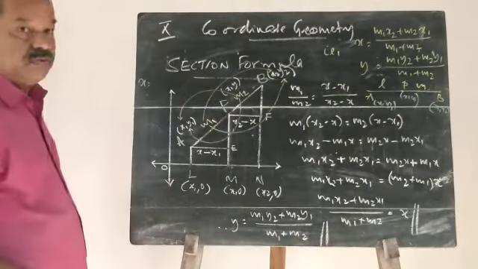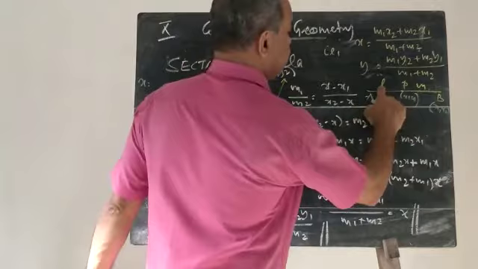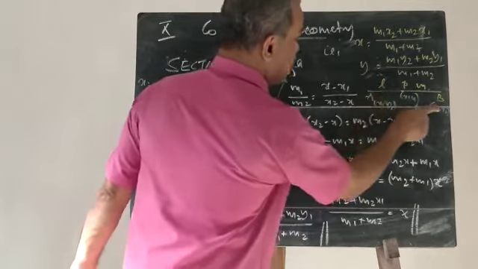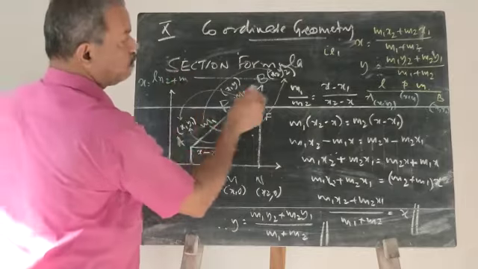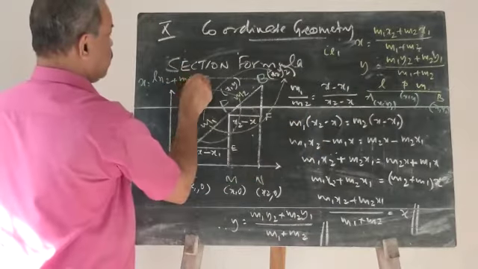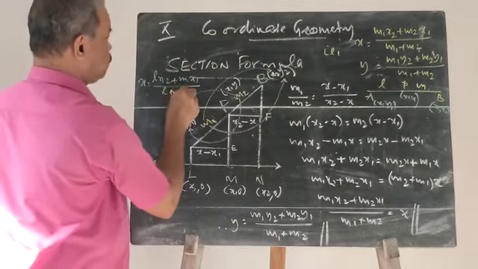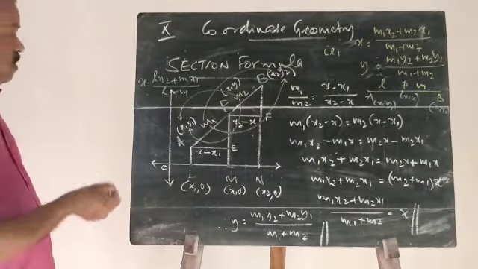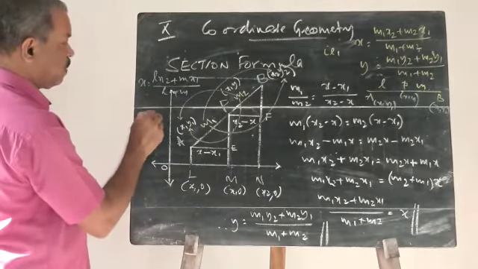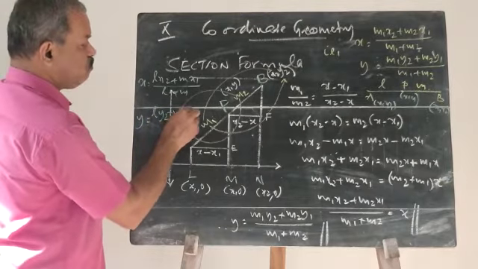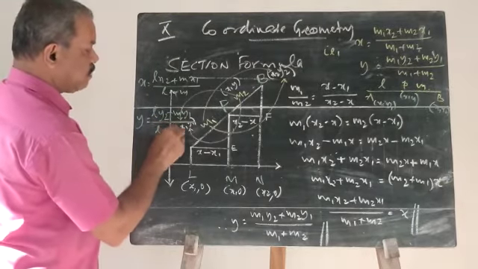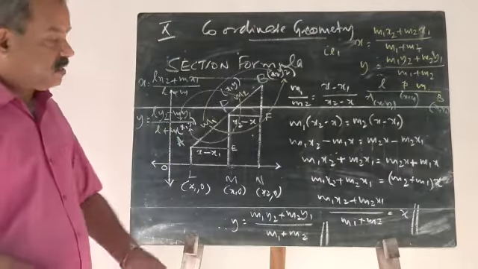X equal to (l x2 plus m x1) by (l plus m), and the y coordinate is (l y2 plus m y1) by (l plus m).